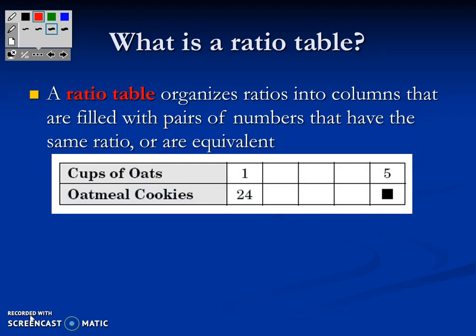So we have this example of cups of oats compared to the quantities of oatmeal cookies. So in this ratio table, we focus on this: 1 cup of oats can make 24 oatmeal cookies.